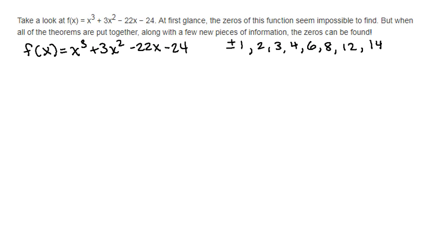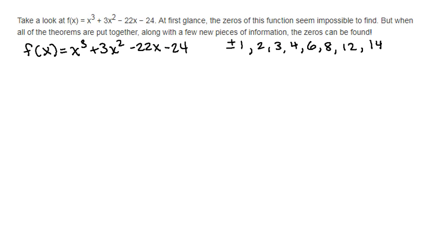All of them are plus or minus. So we're just going to start checking. We're going to start with 1, plug it in, see if we get 0. If we get 0, it's a root. If we don't get 0, we're going to move on. I know one of these positive numbers has to be a root for sure. I'm not sure about negatives because they could be negative or complex, but I know for sure one of these numbers has to work.